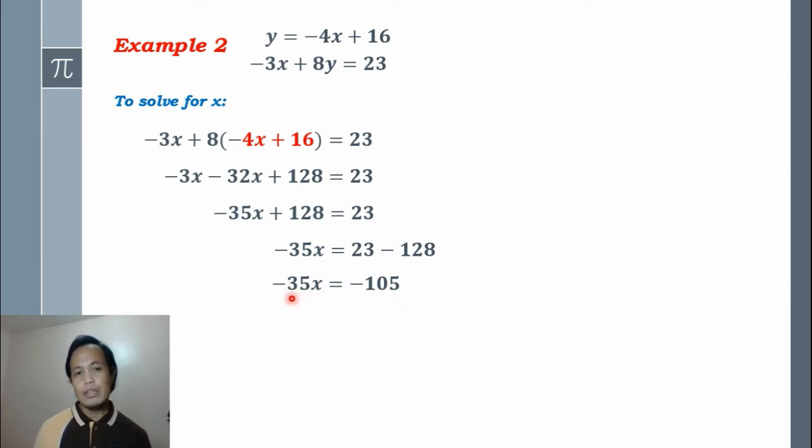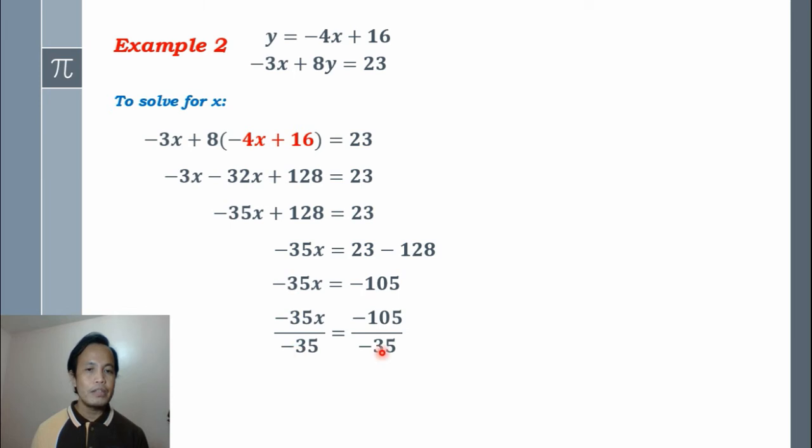To eliminate the negative 35, we divide both sides of the equation by negative 35. We cancel out the 35, and what remains on the left side is x, and negative 105 divided by negative 35 gives us positive 3. So for this set of equations, our x is equal to positive 3.